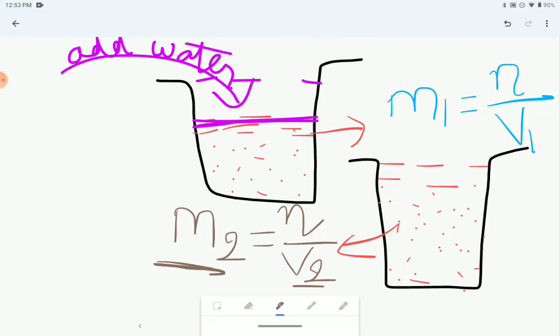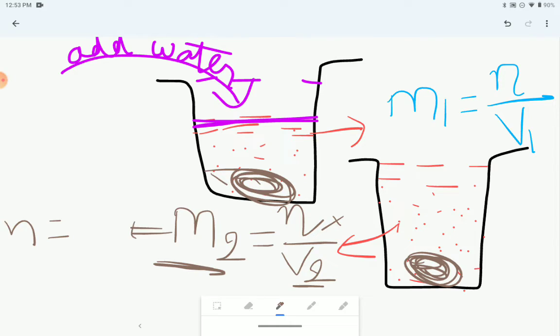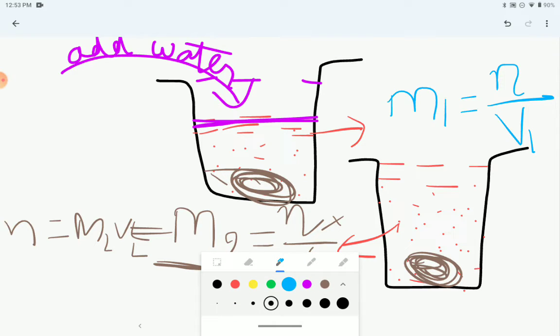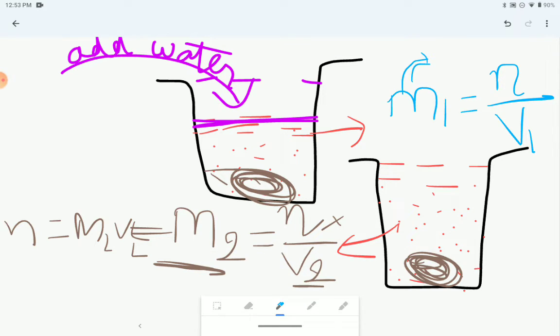But the number of moles of solute does not change at all. So n is equal to m2 v2, right?